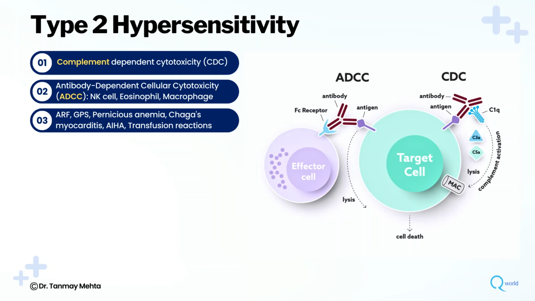And whenever that second time that allergen or antigen comes into contact with the body, then there are two main mechanisms by which this hypersensitivity will happen. The first is complement dependent cytotoxicity, that is known as CDC.